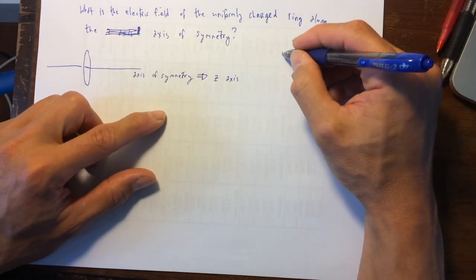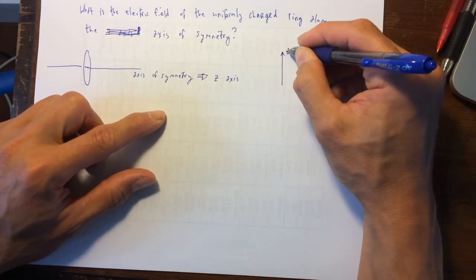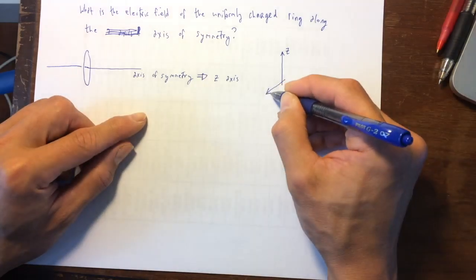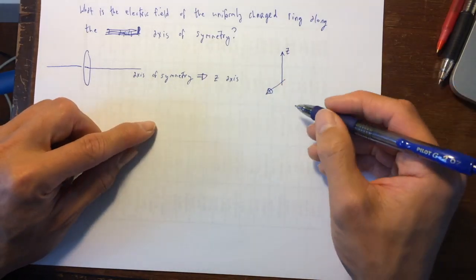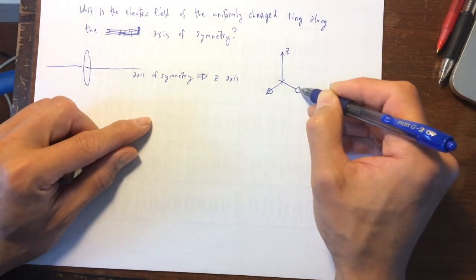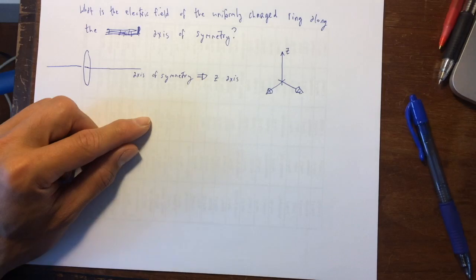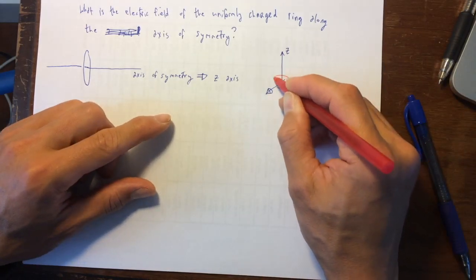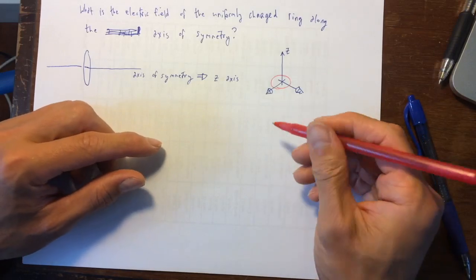So I'm imagining, let's say the z-axis is up, the x-axis is sort of left and out of the page, the y-axis is towards the right and out of the page, and the ring sits in the xy plane.